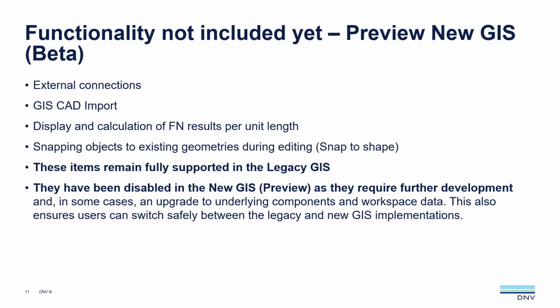They have been disabled in the new GIS preview as they require further development, and in some cases, an upgrade to underlying components and workspace data. This also ensures that users can switch safely between the legacy GIS and the preview new GIS without any issues.